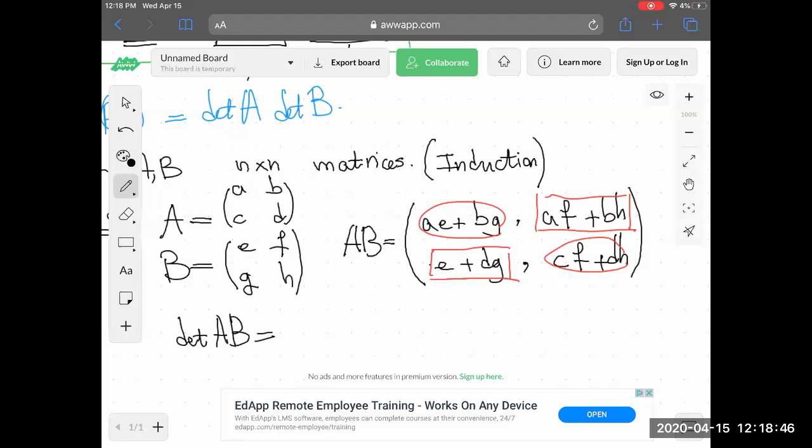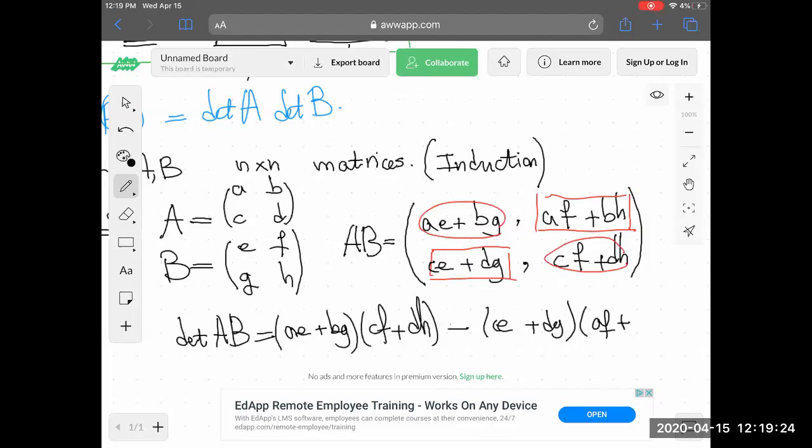So this determinant is equal to (AE plus BG) times (CF plus DH) minus (CE plus DG) times (AF plus BH).